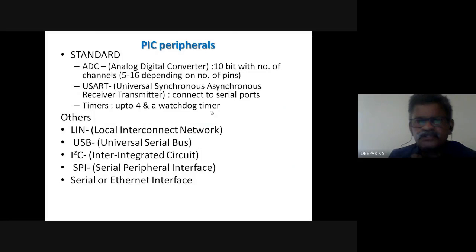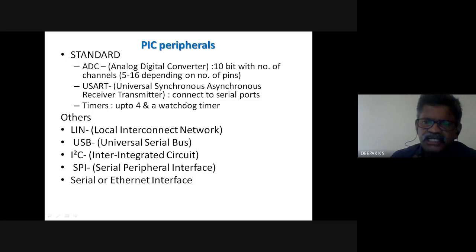And peripherals. We will study as we progress in our subject. We will come across this ADC, USART, which is for communication, and these buses. For the time being, we should know that there is an ADC which is a 10-bit ADC, and there could be 5 channels or 16 channels, varying depending upon the chip you use. USART means universal synchronous asynchronous receiver transmitter.